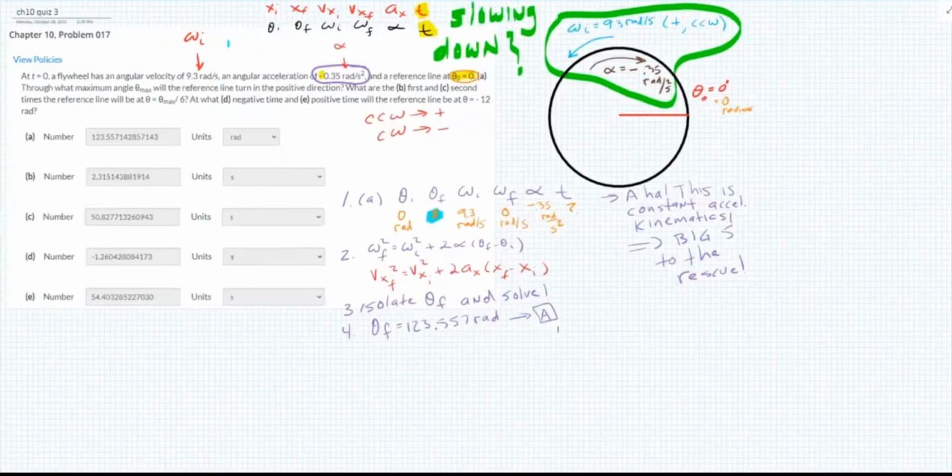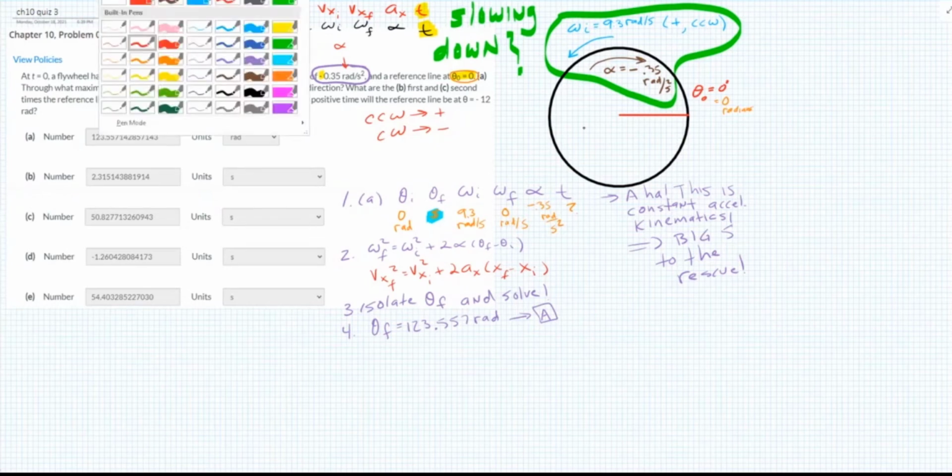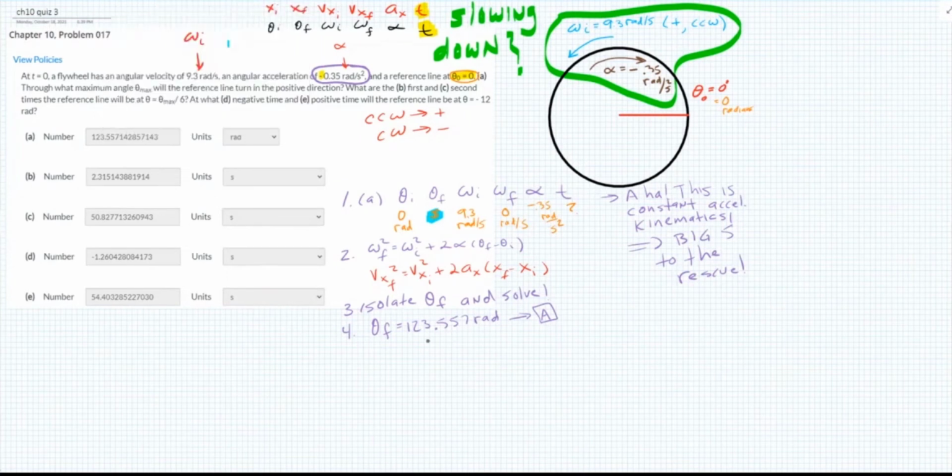So this is what happens. This flywheel immediately starts to slow down, and then it reverses direction. Let's see, what's 123 radians? 123 radians is a lot of revolutions. If I divide by 2 pi, that's basically 19.6 revolutions.